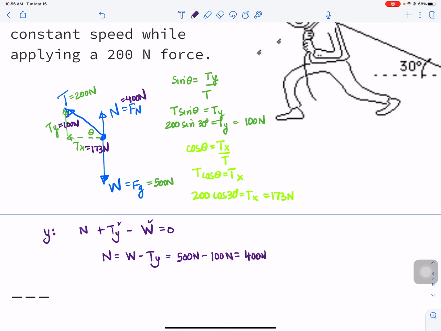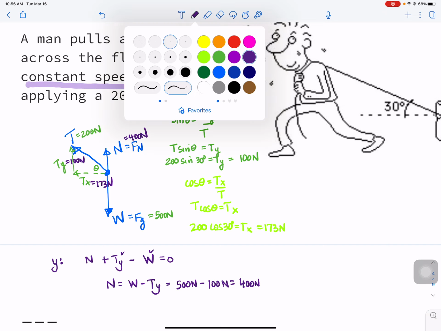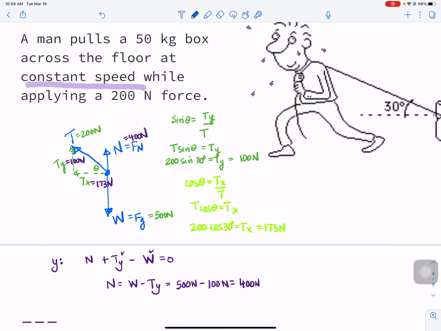All right, I just realized I forgot a force in the x direction. We are at constant speed, and the only way we can be at constant speed is if there is a force counteracting the tension, and that actually is friction, which I'm going to show with a little f.